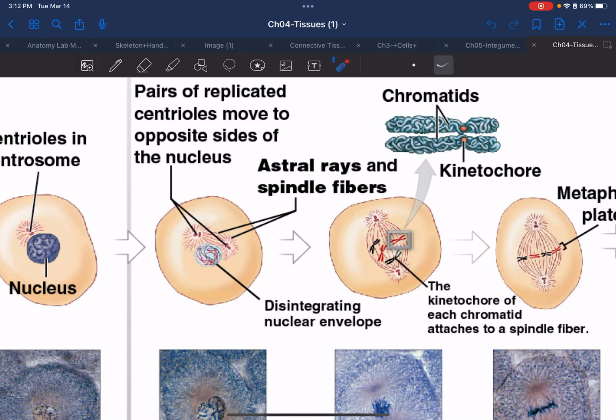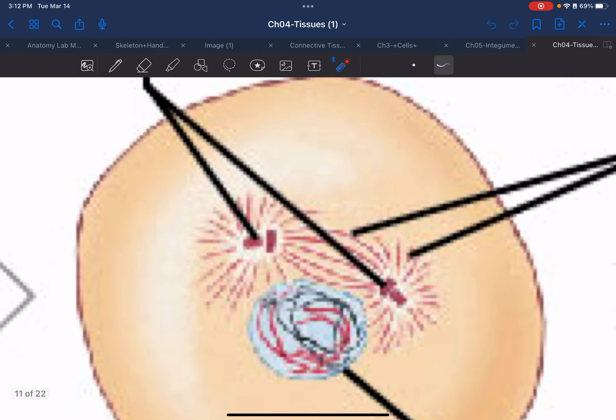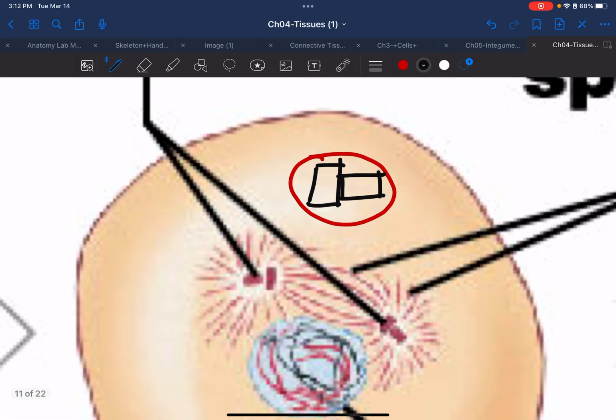So right here, you can see these are going to be the same objects we just saw. The circle is going to be your centrosome, and the little tiny cylinders within that, usually pretty perpendicular to each other, are called centrioles. So in red here, this is going to be our centrosome. Let me lay this flat. There we go.